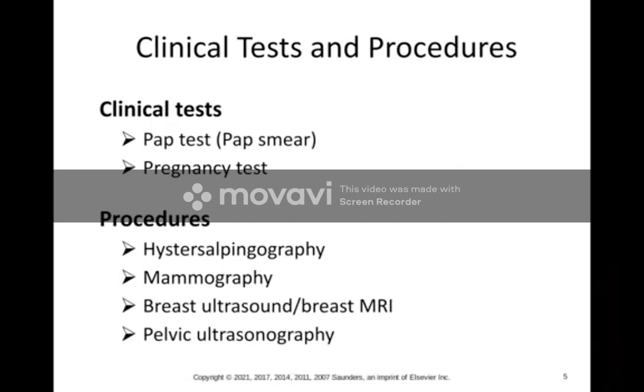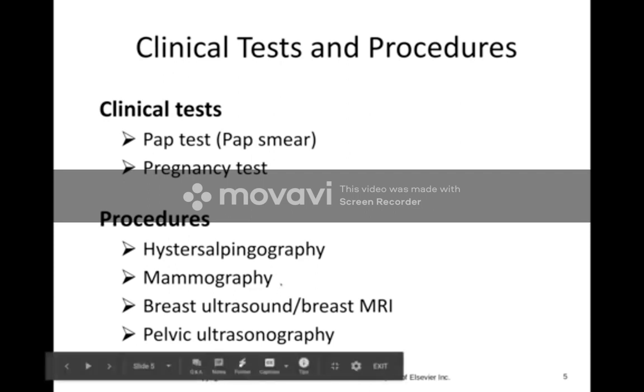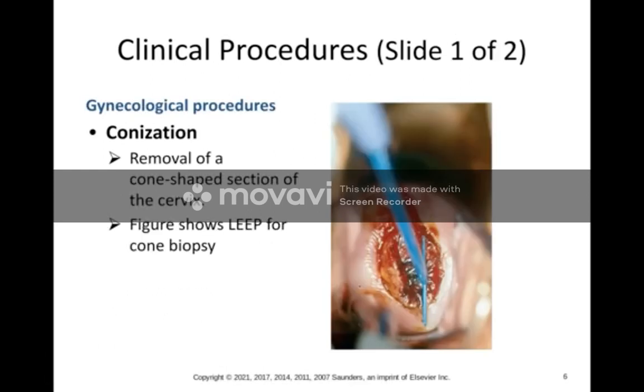Clinical tests and procedures during pregnancy would be a pregnancy test and then a pap test or pap smear. Procedures are hysterosalpingography, mammography, breast ultrasound or breast MRI, pelvic ultrasonography.